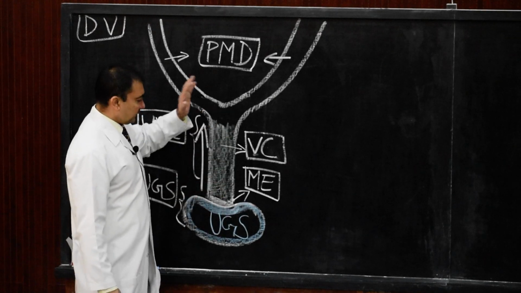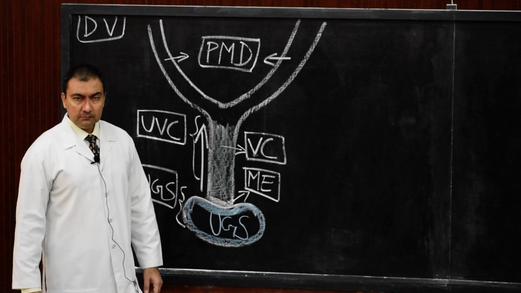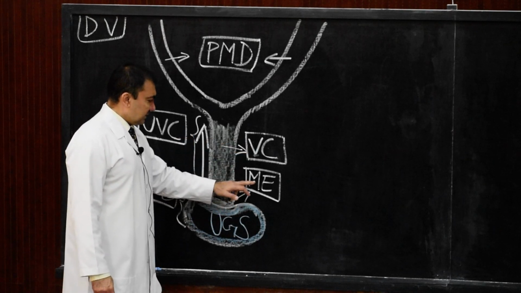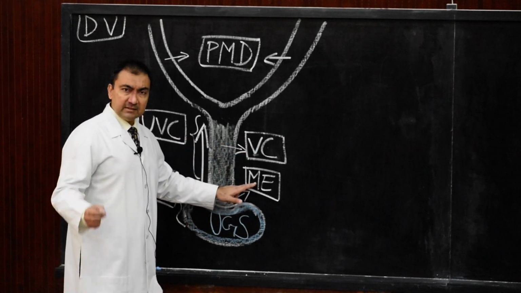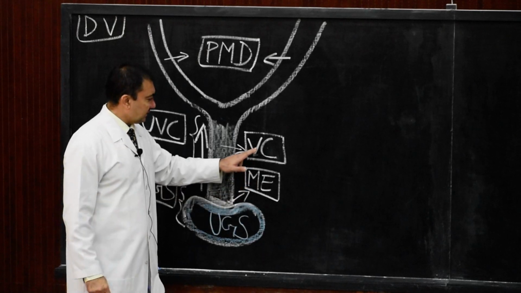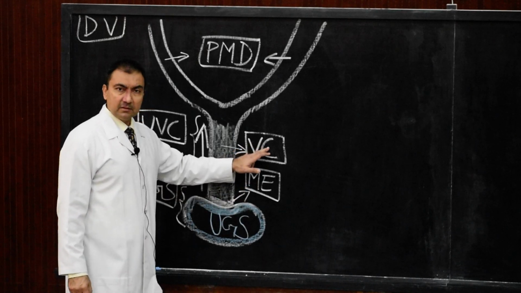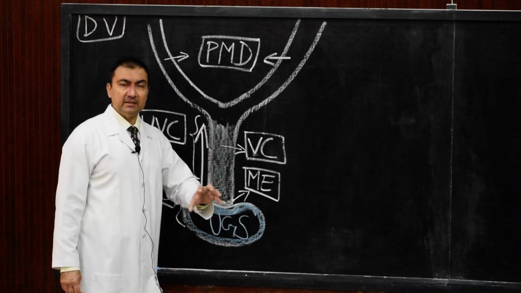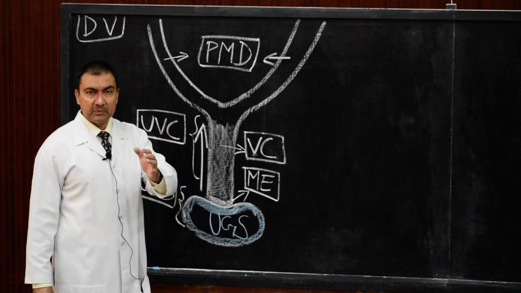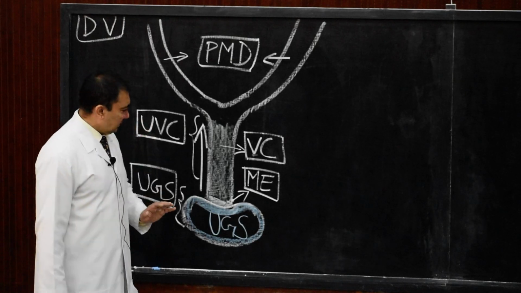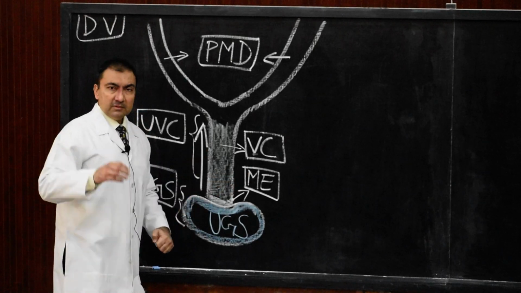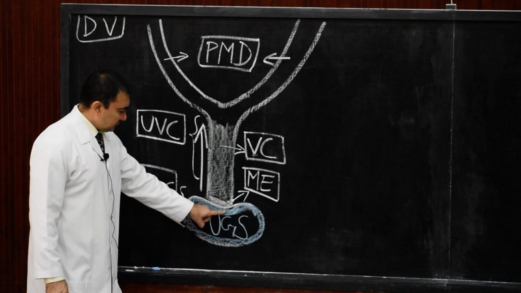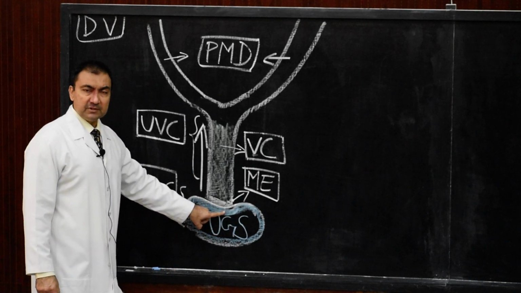If we consider Mullerian eminence as the first step, then the second step is vaginal cord, which is nothing but mesodermal cells of the lowermost part of uterovaginal canal.